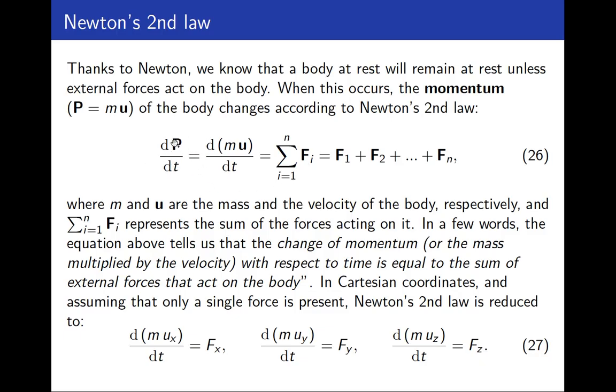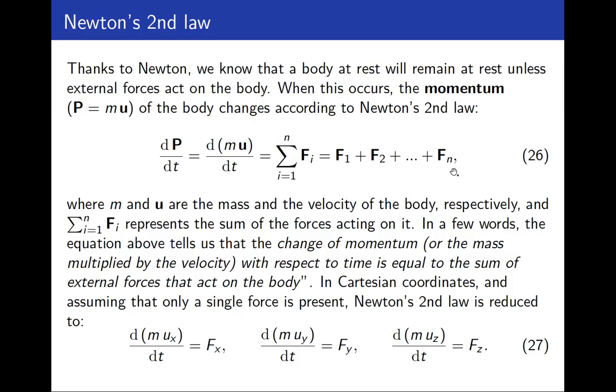So the momentum will vary in time. But remember, momentum can be expressed as the product of mass multiplied by the velocity. And this variation in momentum is going to be caused by forces acting on the body. So we can have multiple forces acting on the body. That's what I express with this symbol, which is the sum of the forces acting on the body.